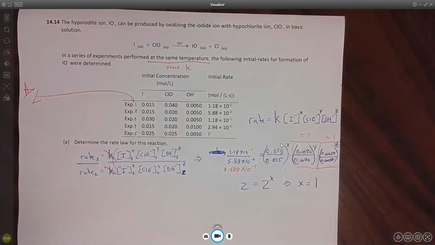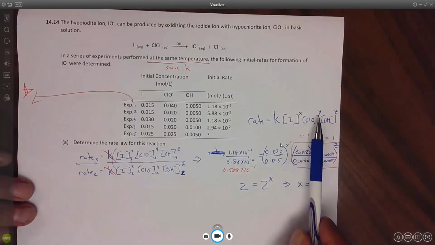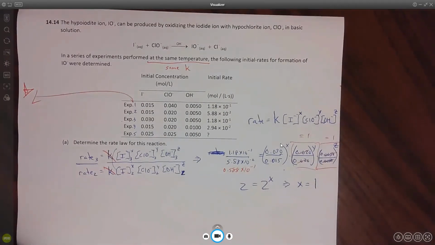Jada, what do you think? What 2 experiments am I going to choose? Would you choose 1 and 2?